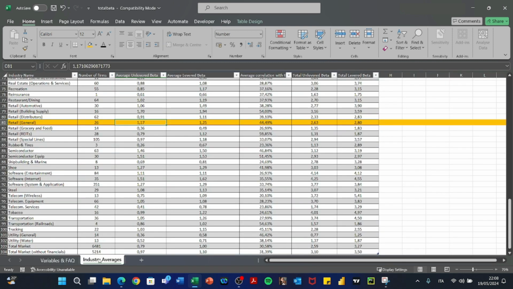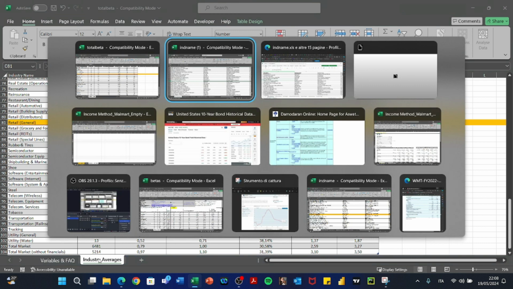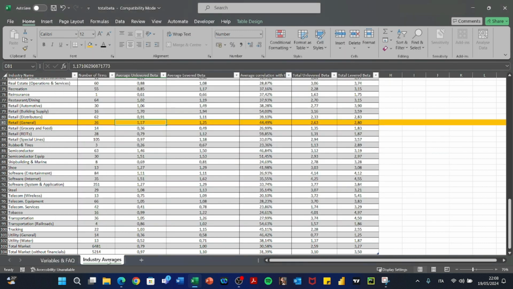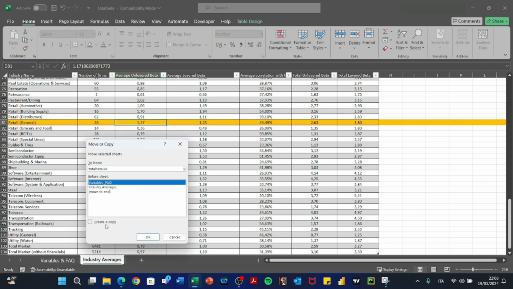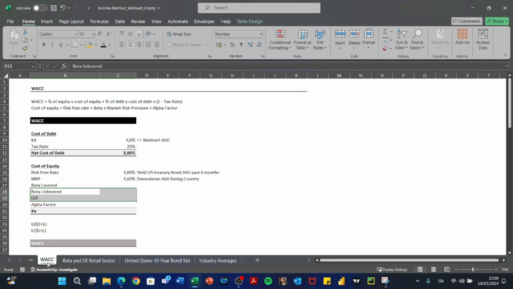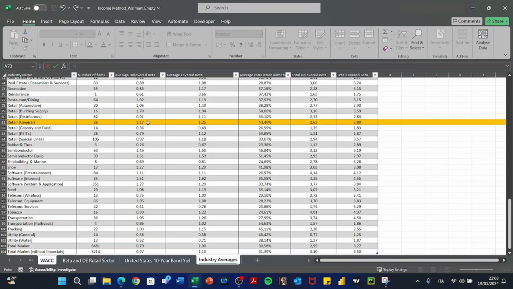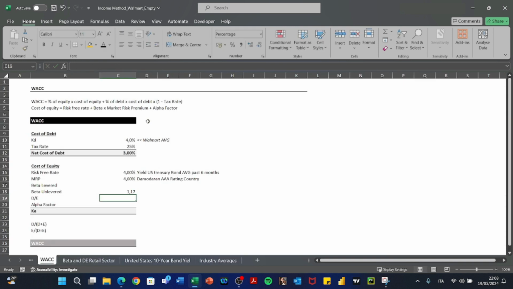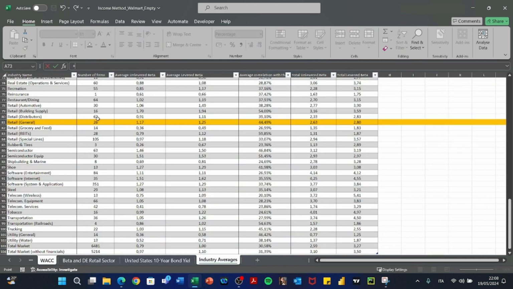Oops. So let me just create a copy, the empty one, move to the end. Okay. So let me link the unlevered beta. Let me link the debt on equity.